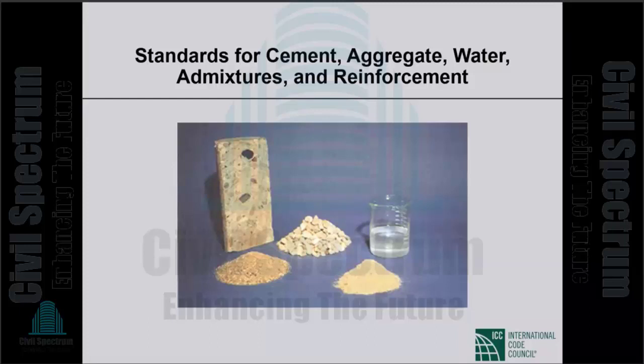Those are now called supplemental cementitious materials, and the chemical admixtures are called admixtures. Cement plus the supplemental cementitious materials are called just cementitious materials. So what used to be water to cement ratio today is water to cementitious materials ratio.